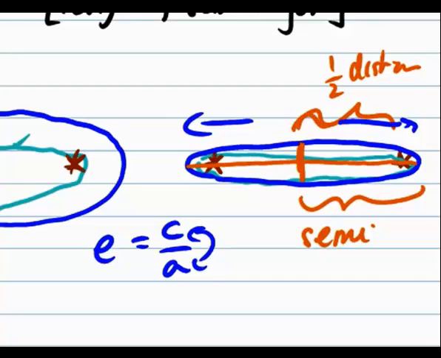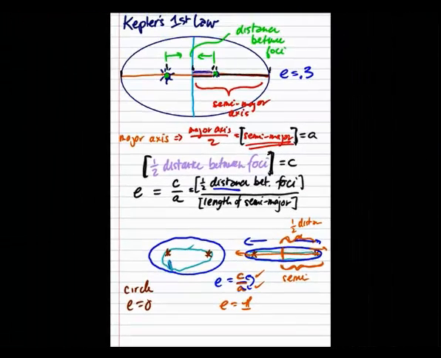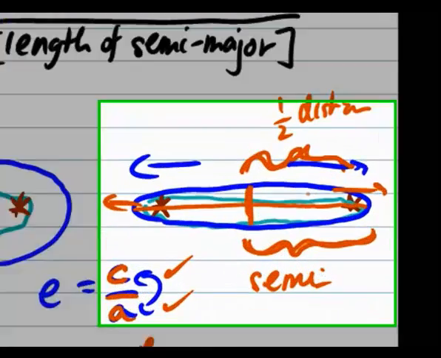Well, we see that this value here is almost the same thing as that value down there for the semi-major axis. In other words, C is getting very, very close to A. Now, when you have the same number upstairs as you have downstairs, what do you get? That's right. The eccentricity is going to be 1. And eventually you can pull these foci apart so far that all your string can do is be super taut.